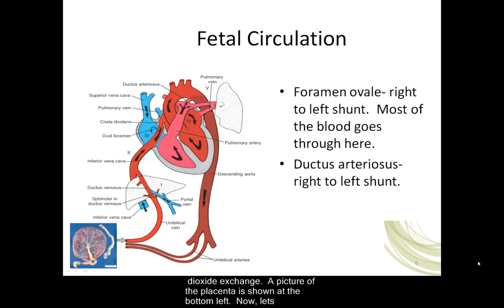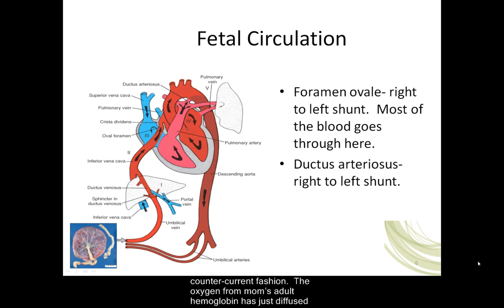Now, let's start with the placenta for our fetal circulation story. Mom's and baby's red blood cells have just passed each other, in separate vessels of course, in the placenta in a counter-current fashion.